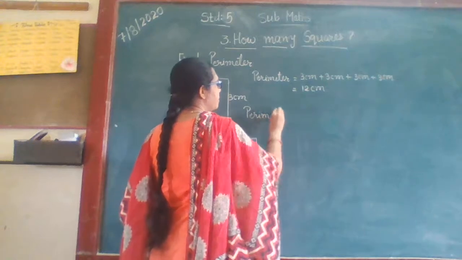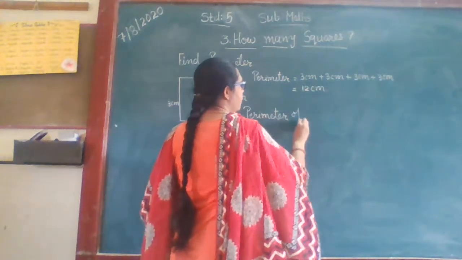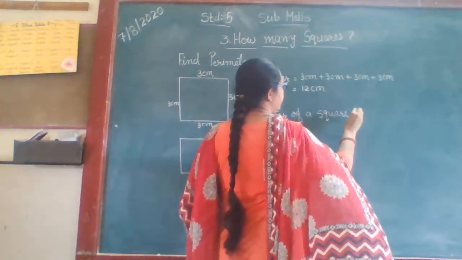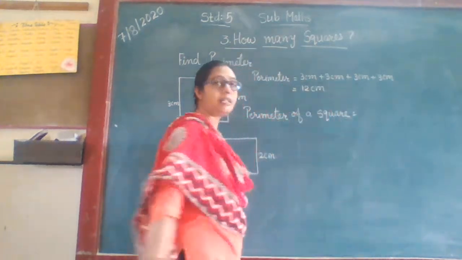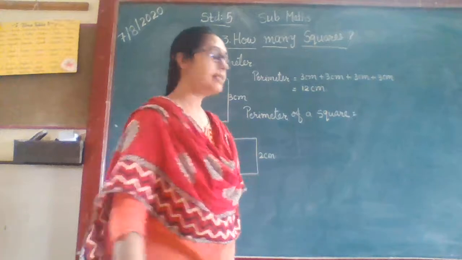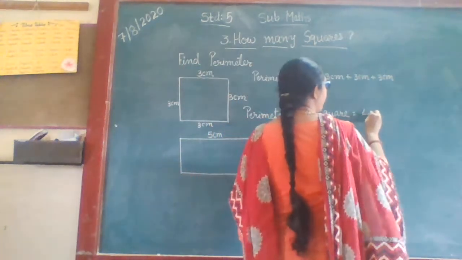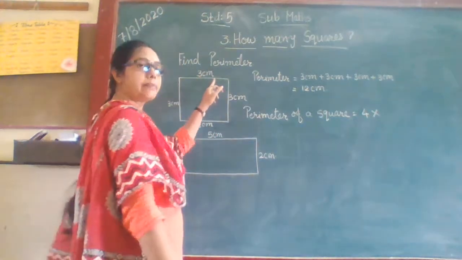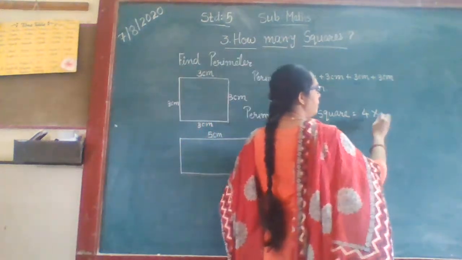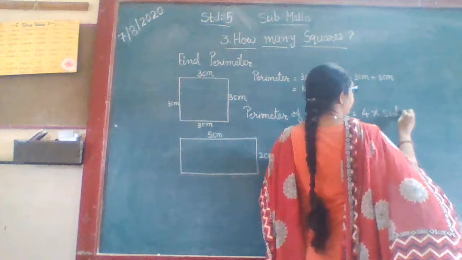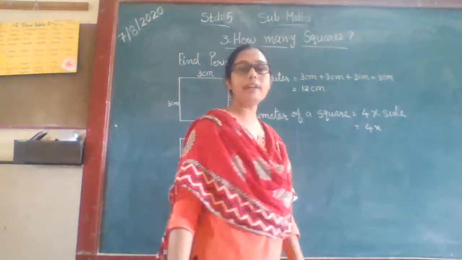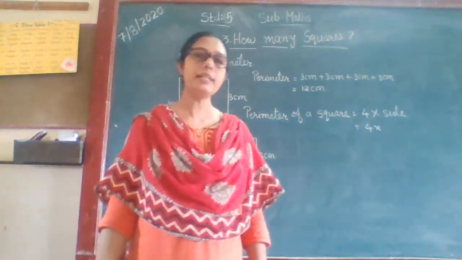Perimeter of a square. How many times 3 centimeter? 4 times 3 centimeter means 4 multiplied by side.